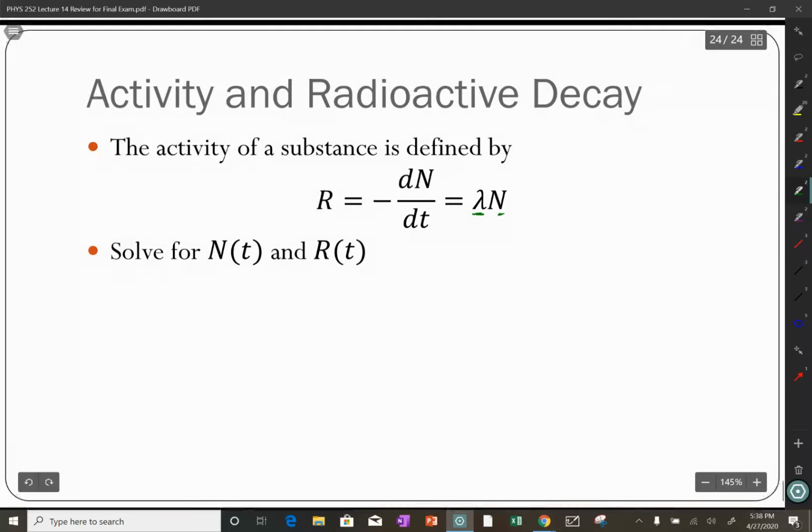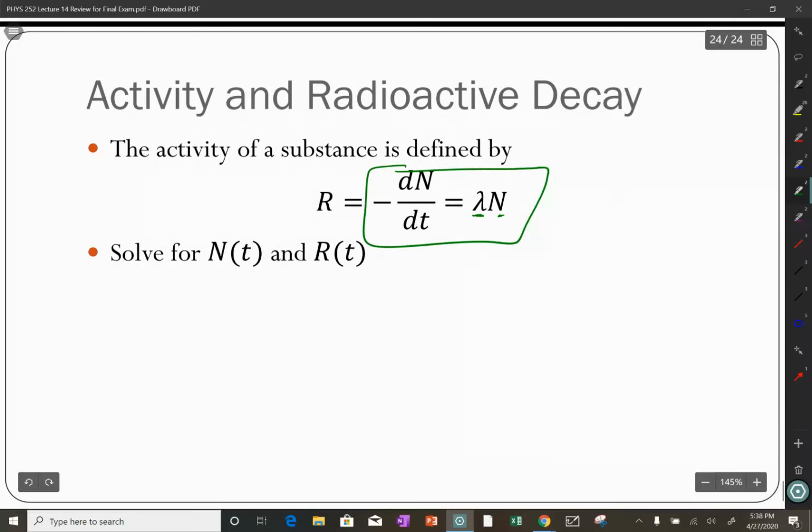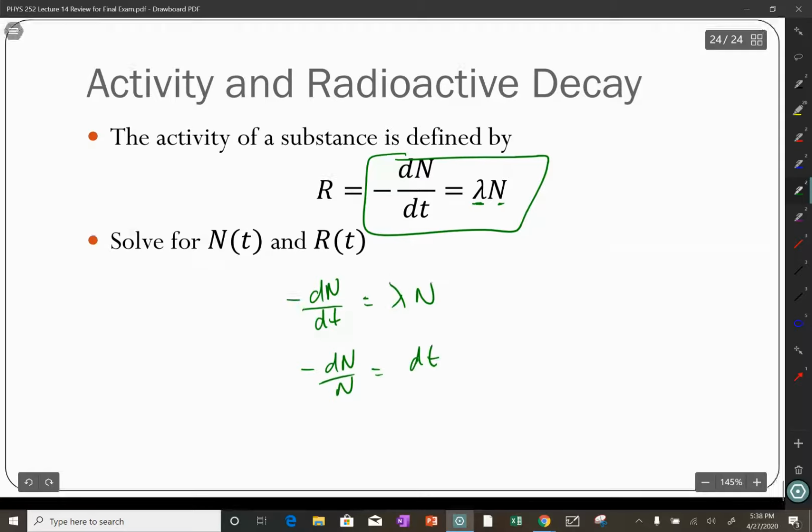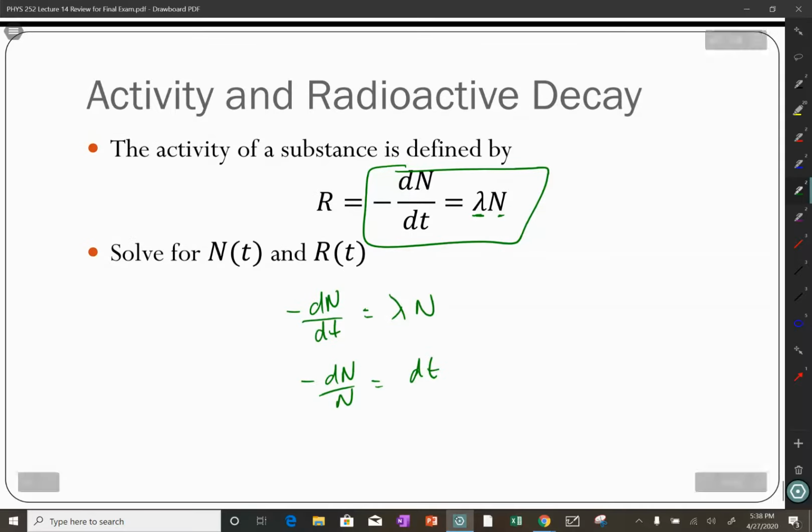So taking that, I can take the right-hand side of this, and I have minus dN dt equals lambda N. Separate variables: minus dN over N equals lambda dt. I'm going to, for convenience sake, multiply both sides by minus 1. And I forgot the lambda. And now we just integrate this.